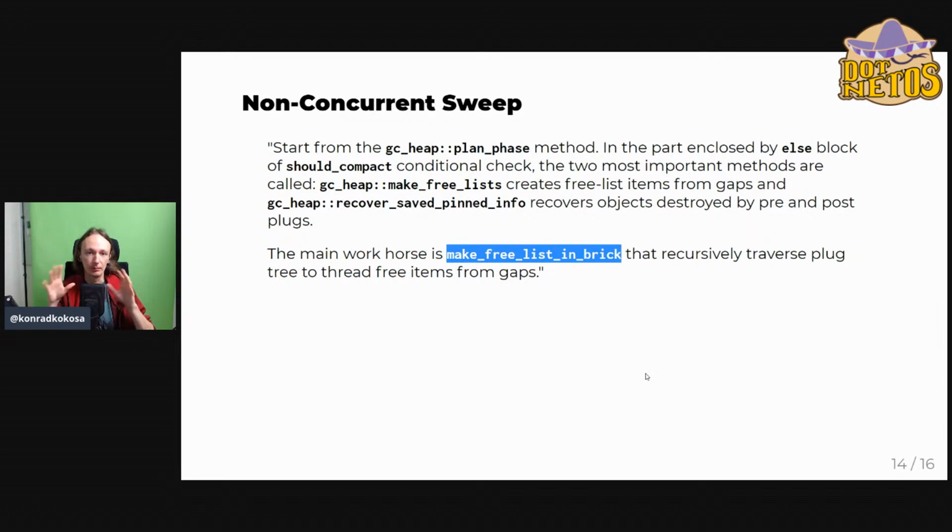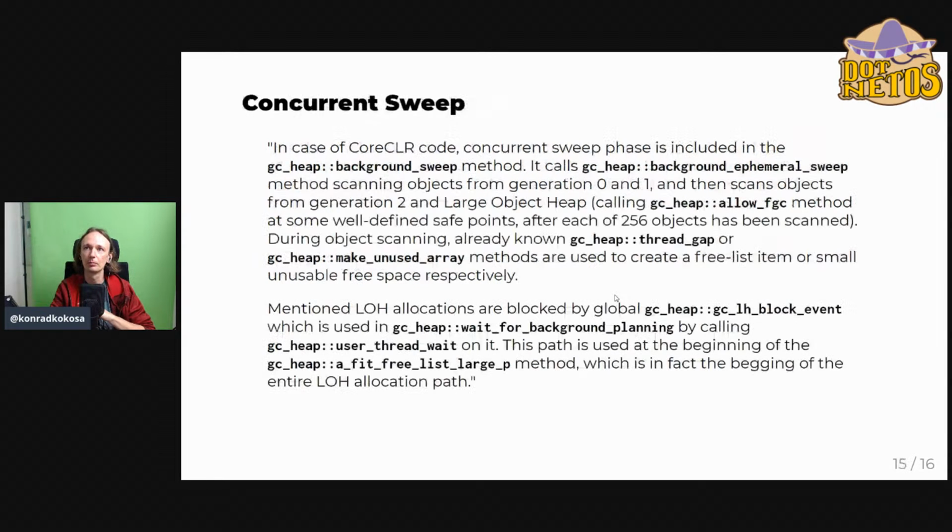If you remember the brick table concept, it is just going brick by brick and traversing the brick table, the plug tree inside every brick to make those free items from gaps that are inside the plug tree. So make free list in brick may be the main method if you would like to see the code of threading those items in case of non-concurrent sweep.